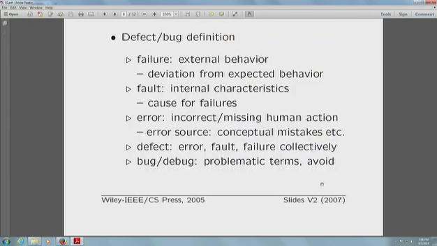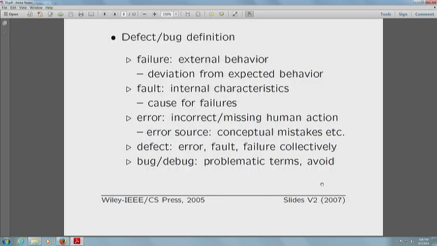So anything that deviates from my expectation is called a failure. Obviously they are not exactly the same, but we can still call them failures. They are just failures of different severity levels. Some may be more severe than others.